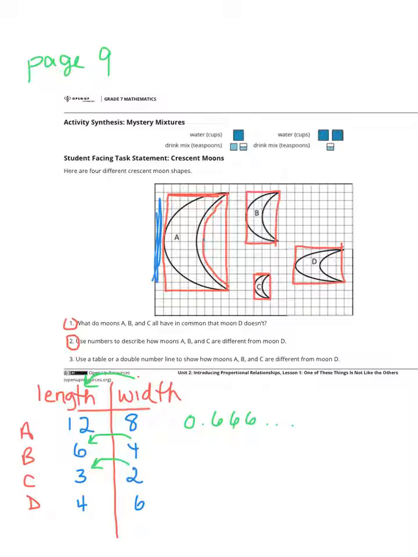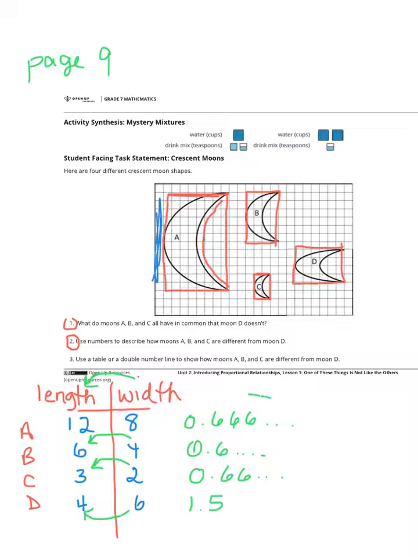The same thing with B, I'd get 0.6 repeating. Same thing with C, I'd get 0.66 repeating. Those are all the same. But if I divided in D, I would get 1.5, which is a different ratio.